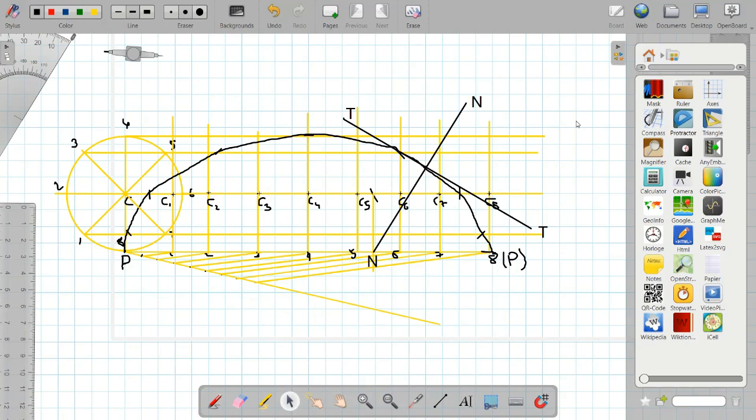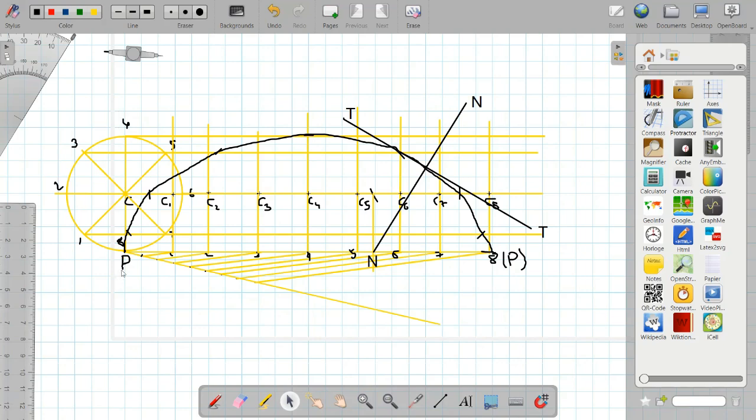So for that, I will give you a simple rule: if point P is making an upward movement, make the markings on the left side. And when point P starts moving down, then make the cuts on the right side. If you observe this diagram, point P started moving upward from point 1 to point 2, point 3, point 4, and it was at the topmost position at point 4.